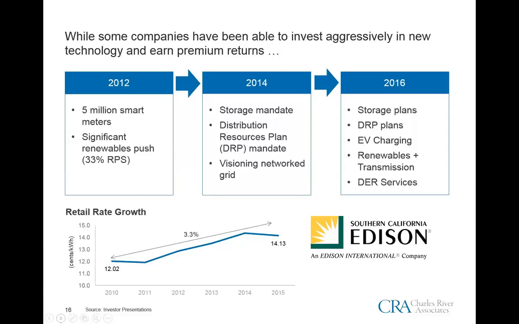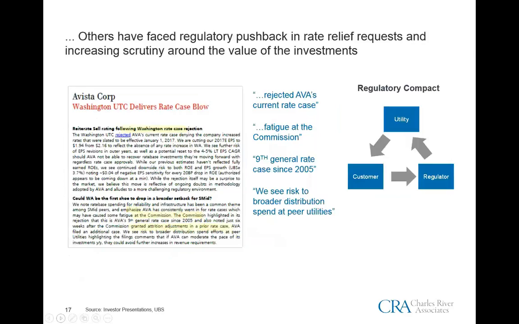But it does definitely bring up the question of how they're able to grow at a 3% CAGR on retail rates and enjoy the premium returns. They're the top TSR performer in the last 3, 5, and 7 years, just after following the Edison Mission challenges of the IPP. And then on the next slide you look at companies like Avista, which have had more challenges. This is a UBS report, but I think we saw it with Avista and some other companies as well, up in New England, in fact.